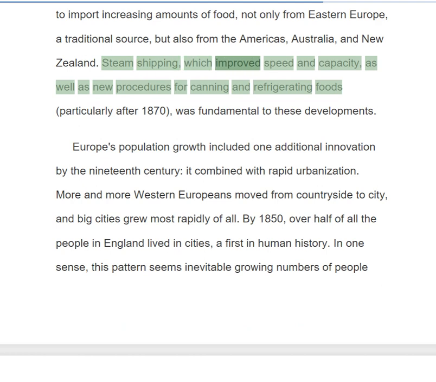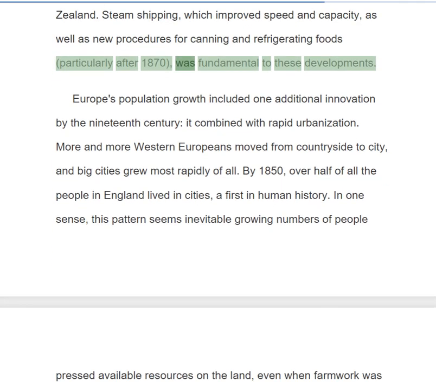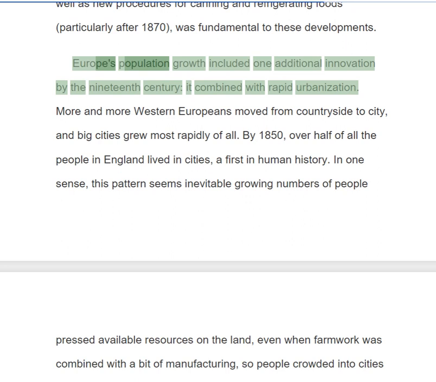Steam shipping, which improved speed and capacity, as well as new procedures for canning and refrigerating foods, was fundamental to these developments. Europe's population growth included one additional innovation by the 19th century: it combined with rapid urbanization.